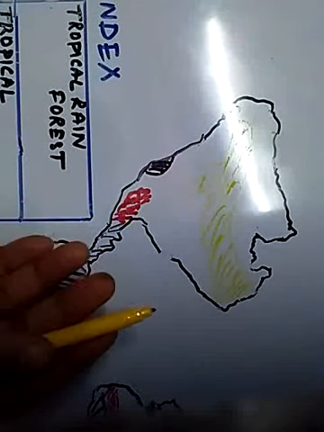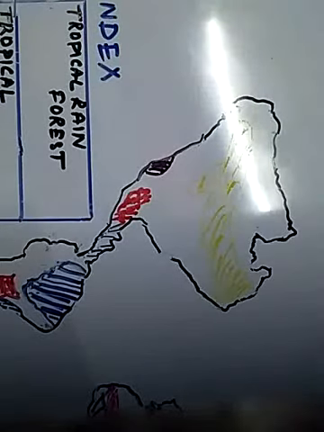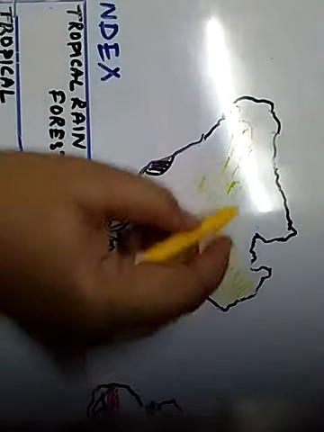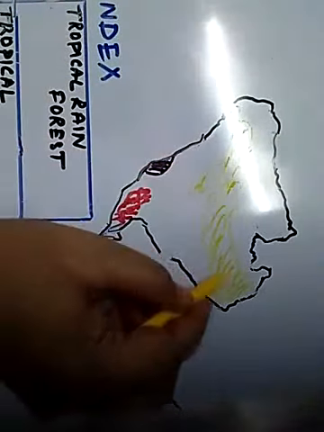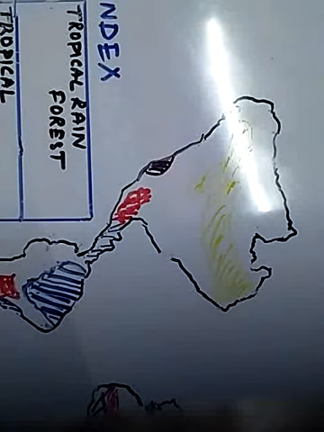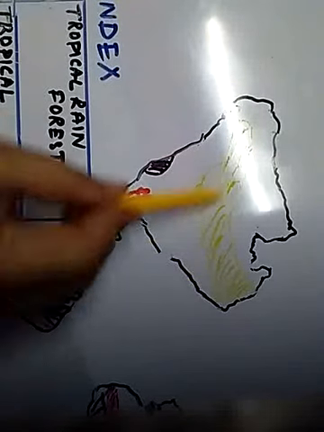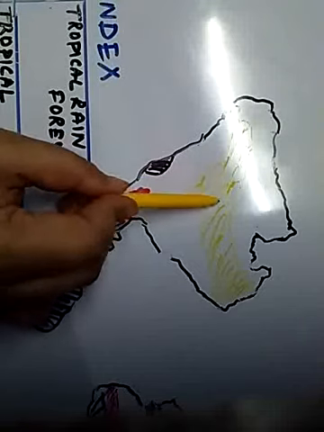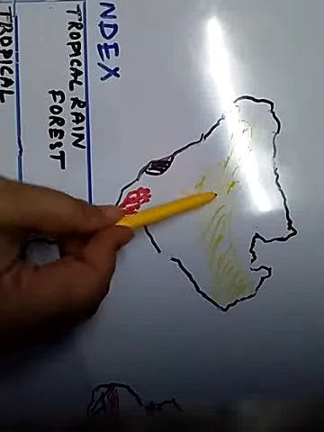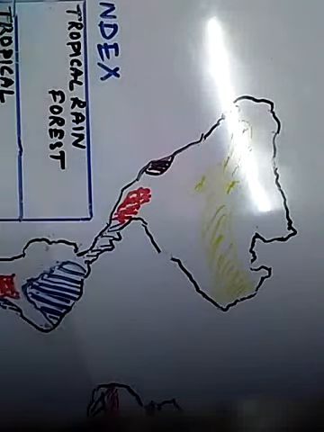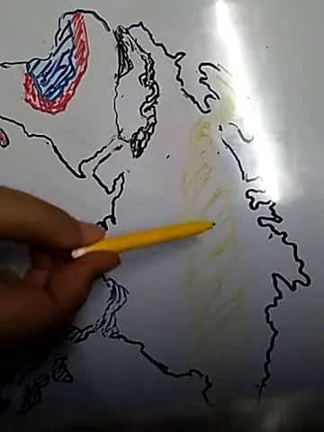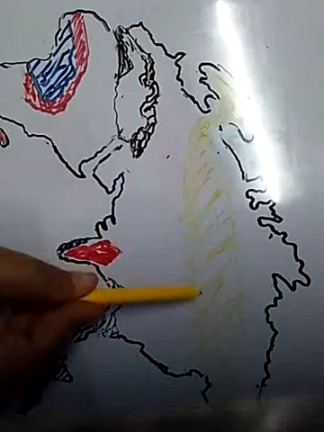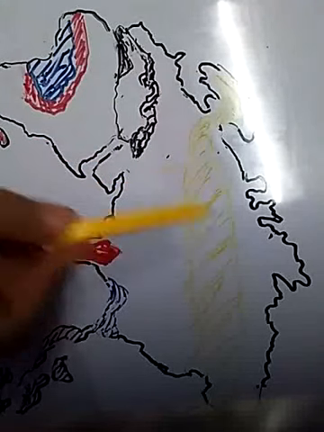See the two patches here, two belts here. One is the USA Canada belt of the temperate softwood forest, also known as coniferous forest, and the other one is the Europe and Asia belt of the temperate softwood forest.